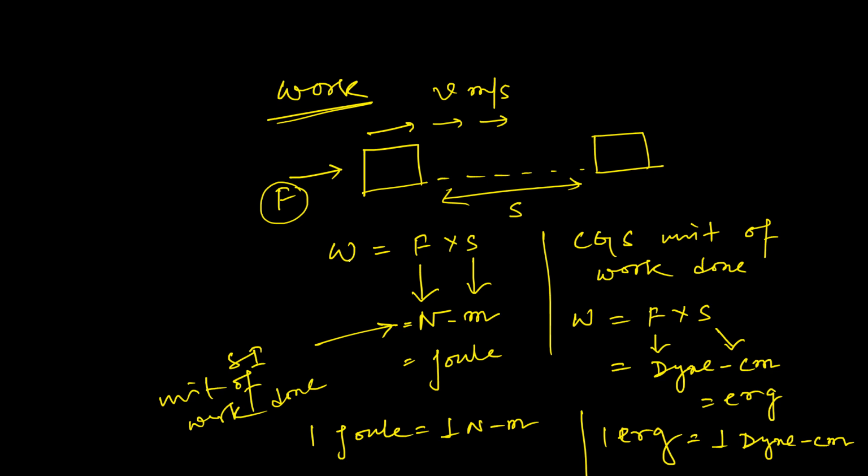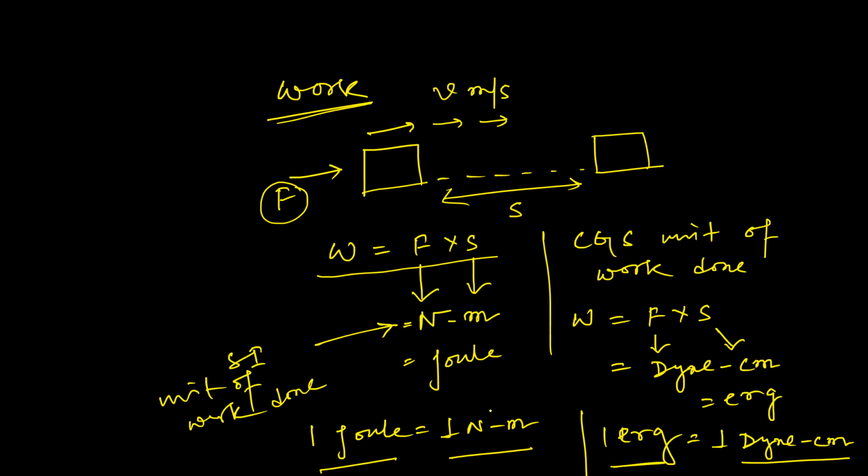So work done is defined by the product of force and displacement, with SI unit Newton meter, known as joule, and CGS unit dyne centimeter, known as erg.